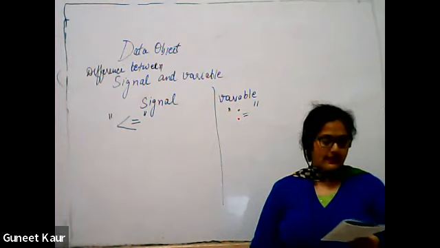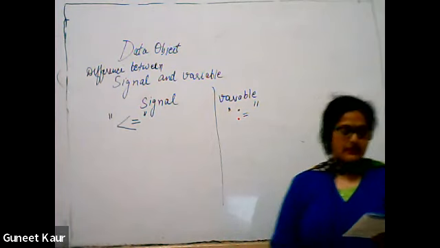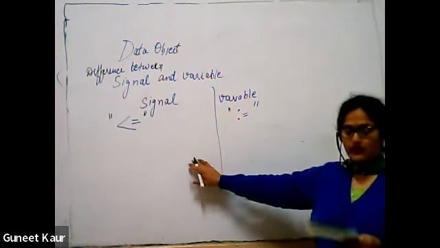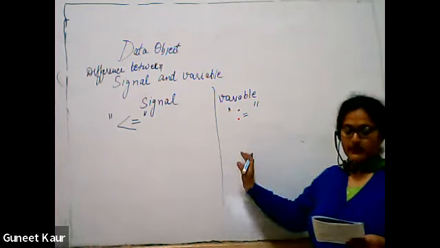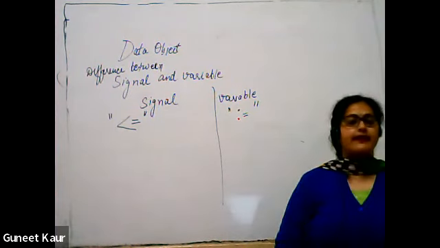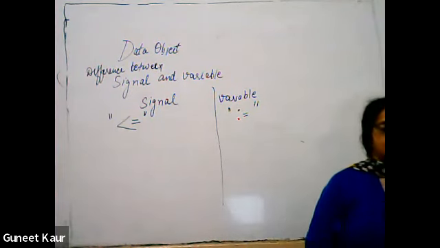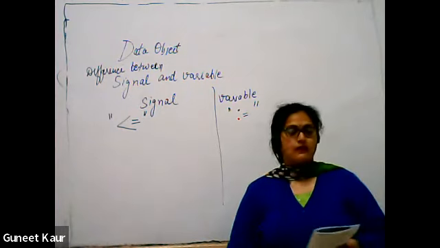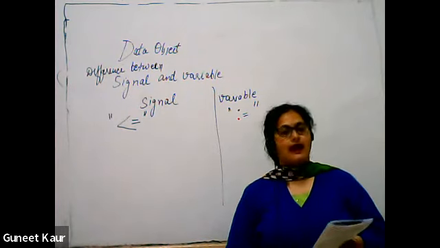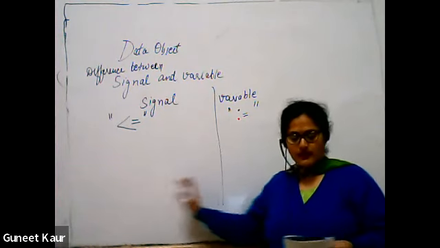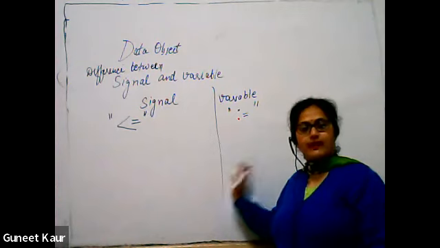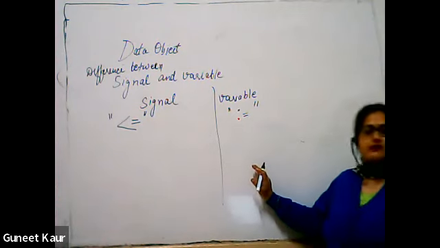Now, next is during the simulation, signal needs more storage. But in case of variable, it needs less storage. Further, signals are slower, but variable allows fast simulation.